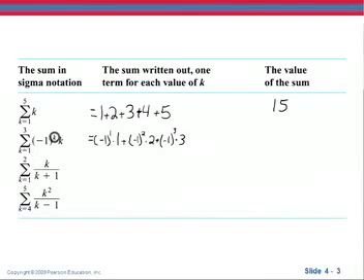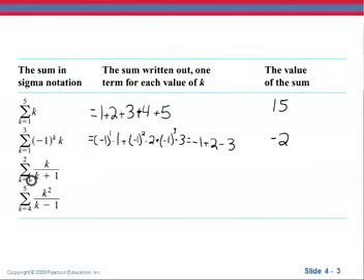So we've plugged in k's of 1, 2, and 3 into this formula. Negative 1 to the 1 is negative 1, times 1 is negative 1. Negative 1 squared is 1, 1 times 2 is 2. Negative 1 cubed is negative 1, negative 1 times 3 is negative 3. So I have negative 1 plus 2 minus 3. So the value of that sum is going to be negative 2.